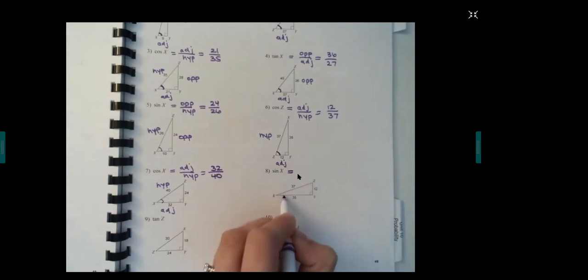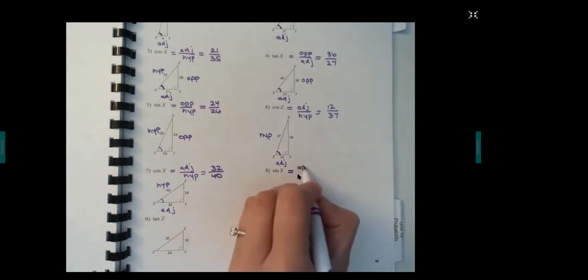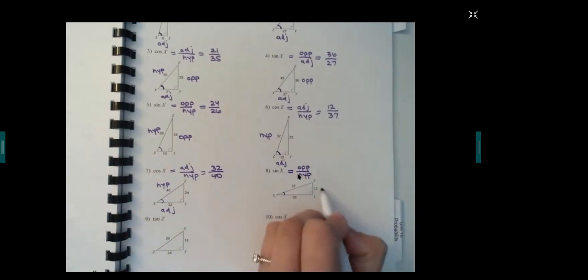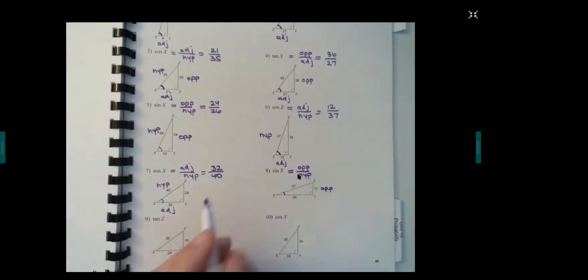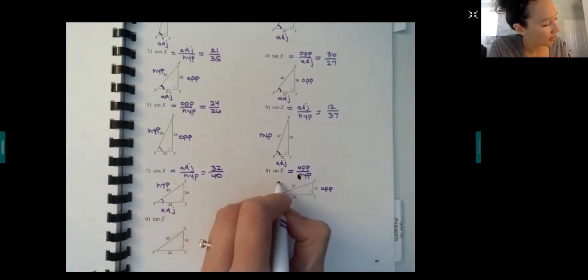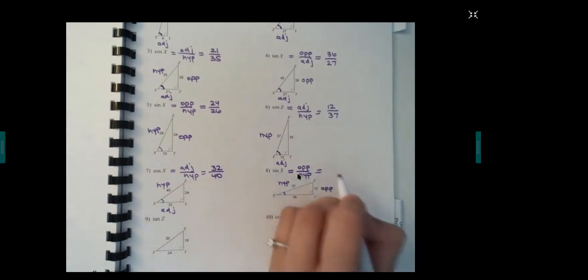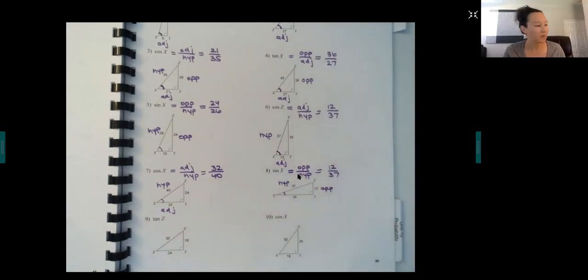It's opposite over hypotenuse. Yep. And the opposite side? 12. And the hypotenuse? 37. Very good. So our answer? 12 over 37. Excellent. Thank you, Jasmine. Jade, 9 and 10.